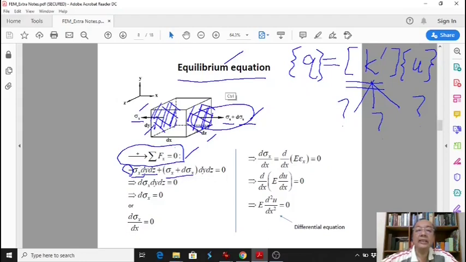For equilibrium, we equate to 0. After we simplify, a few terms vanish, and the remaining term is d sigma x dy dz equal to 0.